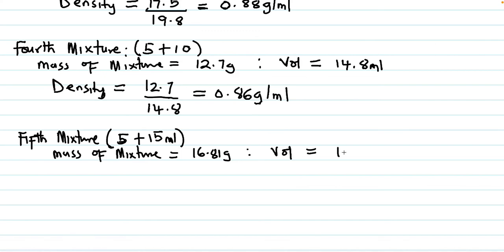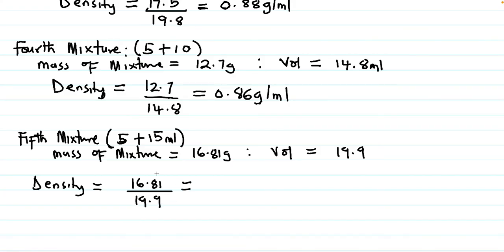The volume is 19.9. So my density equals mass, 16.81, divided by the volume, 19.9.